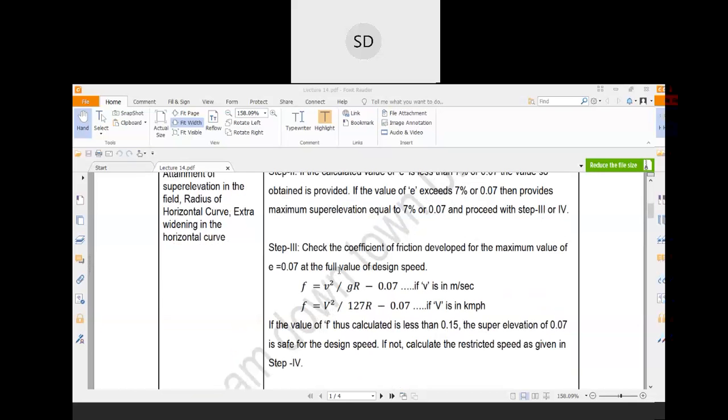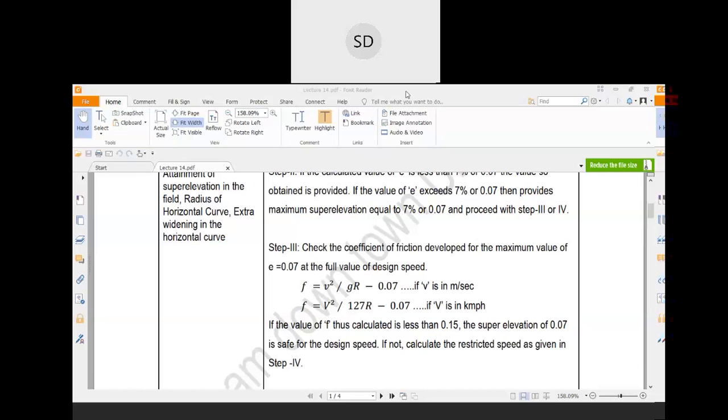So in the equation E plus F equal to V square by GR, you put the value of E as 0.07 and the value of F has to be calculated. So you will find that F equal to V square by GR minus 0.07. Or if you do it in kilometer per hour, it would be V square divided by 127 R minus 0.07. Okay, now this is your third step.